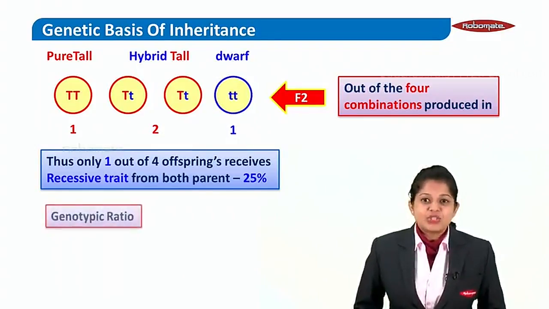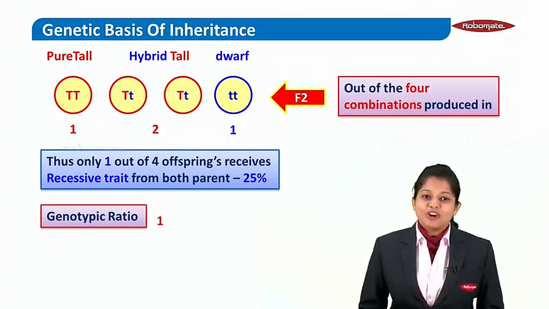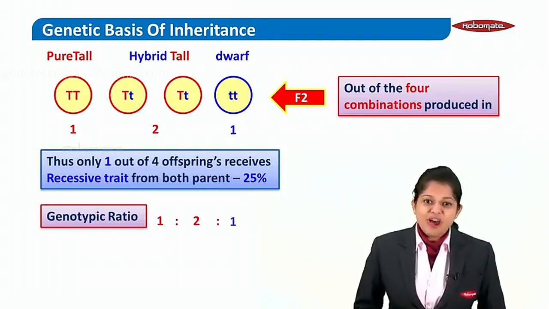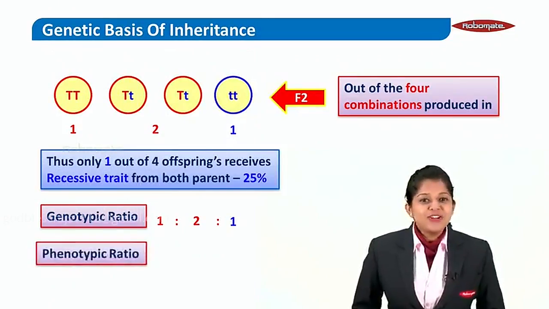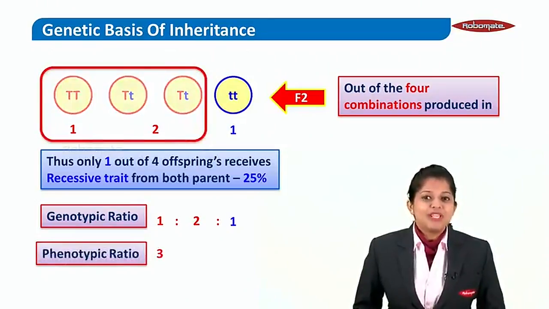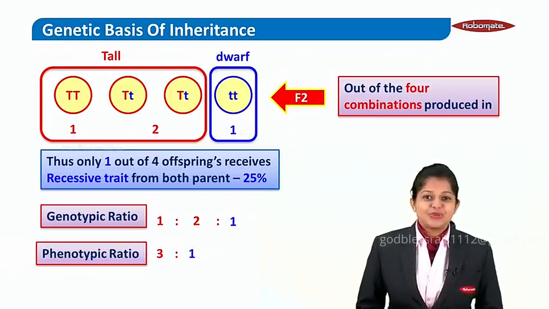This gave rise to the genotypic ratio of 1 pure tall to 2 hybrid tall to 1 pure dwarf. This further also gives rise to a phenotypic ratio where 3 appear to be tall whereas 1 appears to be dwarf. Thus, a ratio of 3 is to 1.